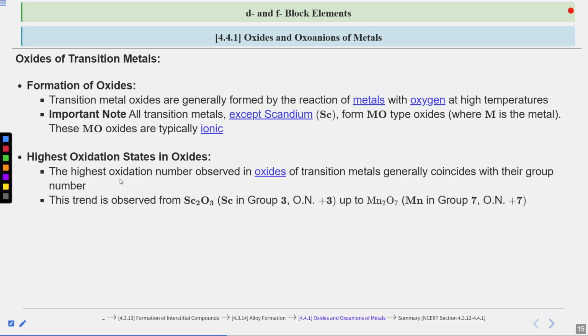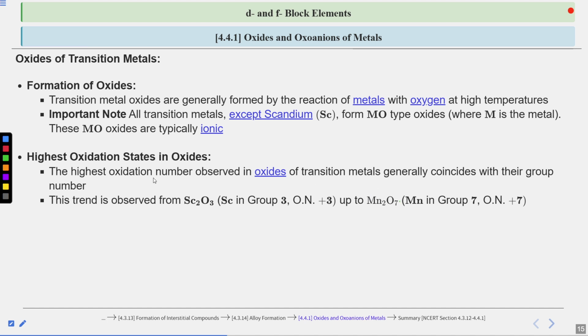This trend is observed from scandium, Sc2O3. Scandium is in group 3, and its oxidation number in Sc2O3 is +3. So this trend is observed in compounds from scandium up to manganese.